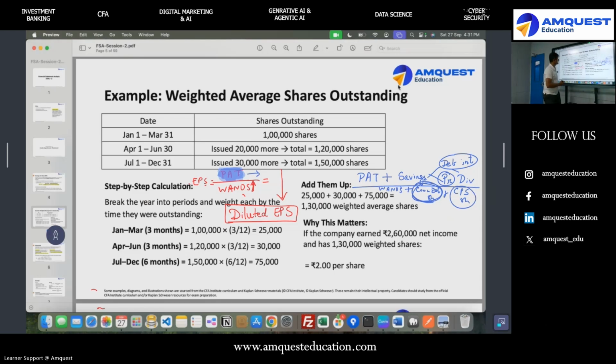So make a note. Basic EPS was PAT upon WANOS. Diluted EPS is now PAT upon WANOS, but you will add savings on top and you will add the shares at the bottom. Savings on conversion and shares that will be added on conversion.